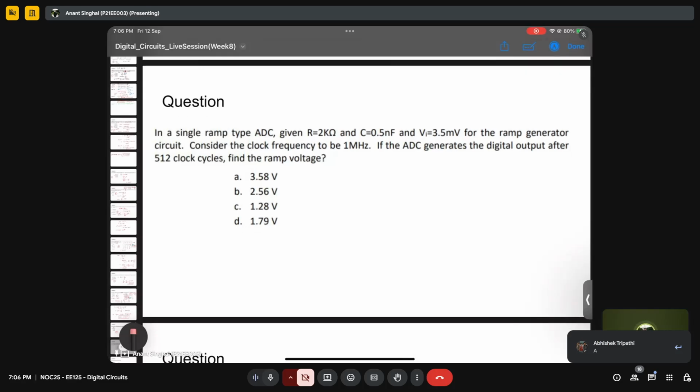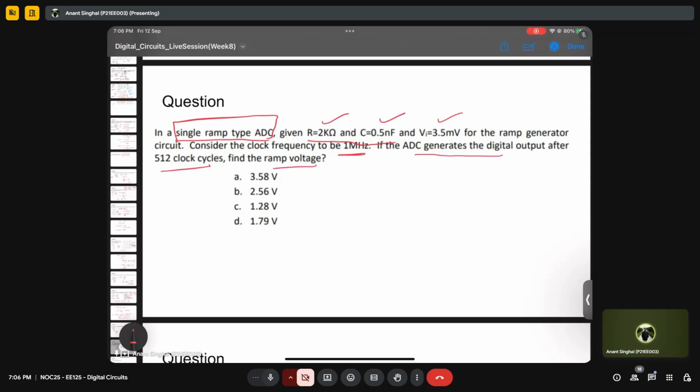We have one more type of ADC, which is the single ramp type ADC. I'll not go into much detail on the theory. It is basically an integrator type ADC which has a resistance and a capacitance. The input voltage and the clock frequency are given, and the ADC generates the digital output. Then find the ramp voltage.